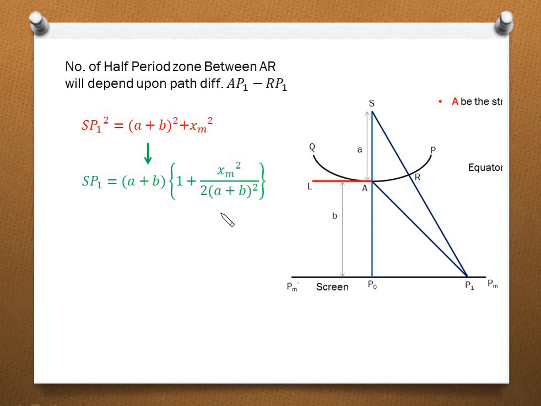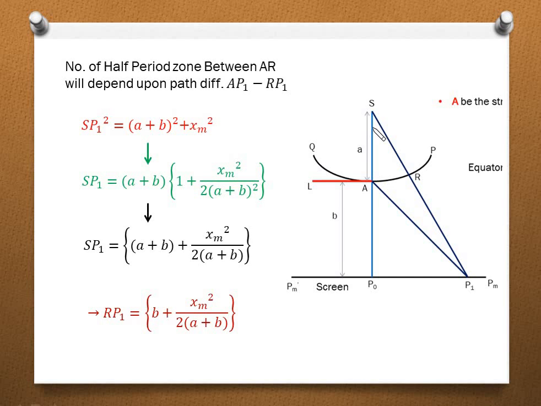Now again just put back a plus b in, so we will have SP1 equals to this term. Now if SP1 is this, then RP1 we can write like this. We just need to subtract a, since this is the radius of curvature.